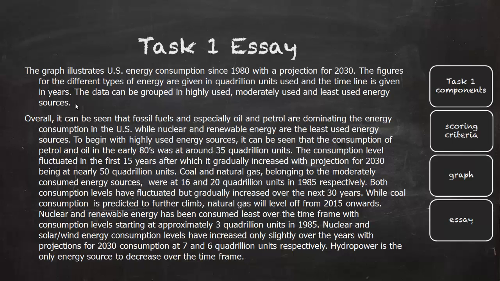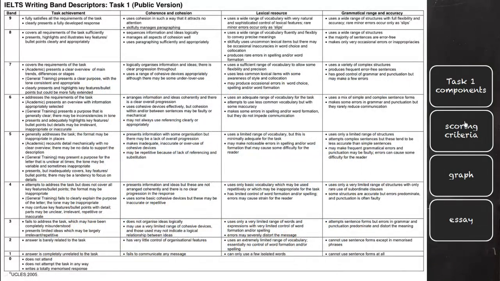Now, what I've done here is I've categorized the data, and I've also shown in what sort of figures the information is presented. If we go back to the scoring criteria, you will see that this should fall under 7. If you look at task achievement, which is the first category, and if you look at band score 7, it says covers the requirements of the task. Okay, but the next point is important. Presents a clear overview of main trends, differences, or stages.